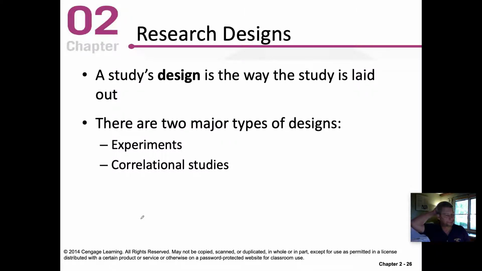So, for example, a correlational study might look at the relationship between the height and weight of people. You would expect that taller people, because they have more body length, would also have more weight.